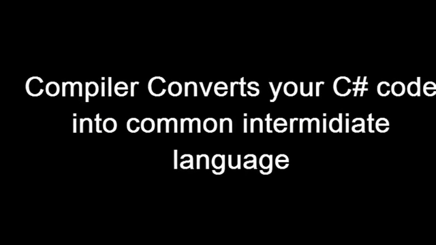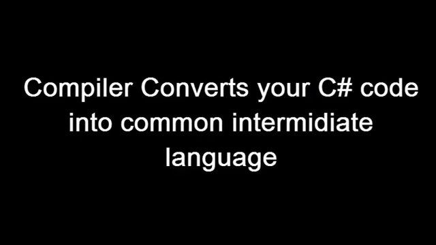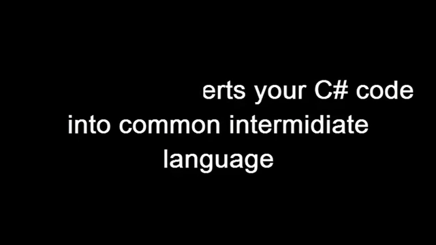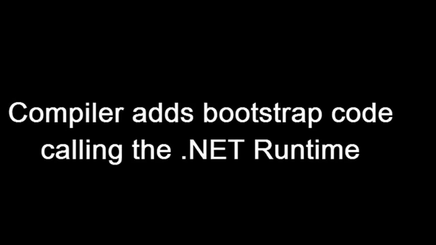Once you pass that check, it converts your C-sharp code into a different language called the Common Intermediate Language, or CIL. The compiler also adds some bootstrap code for the .NET runtime.